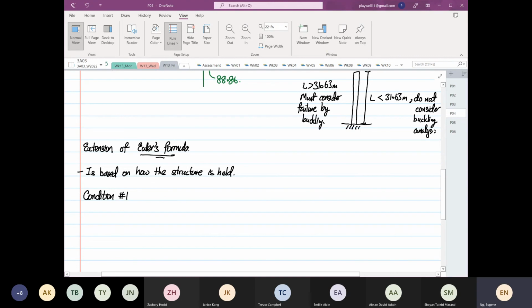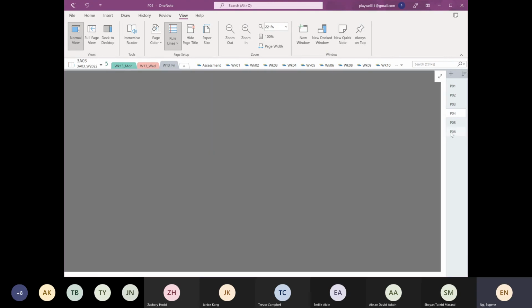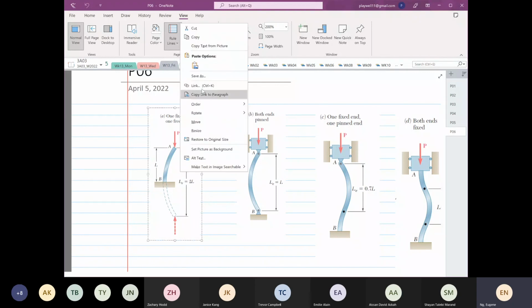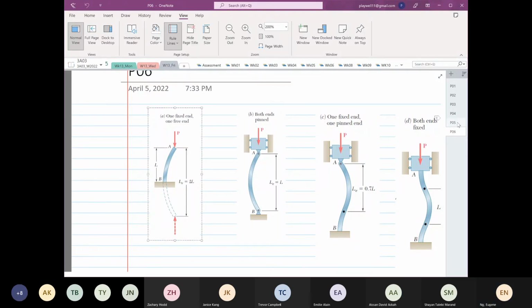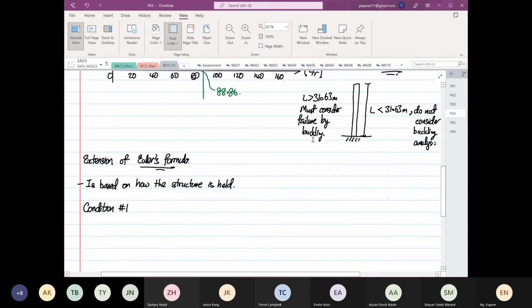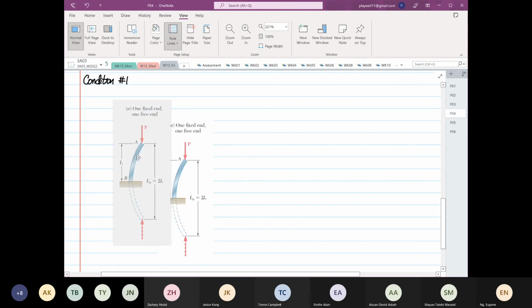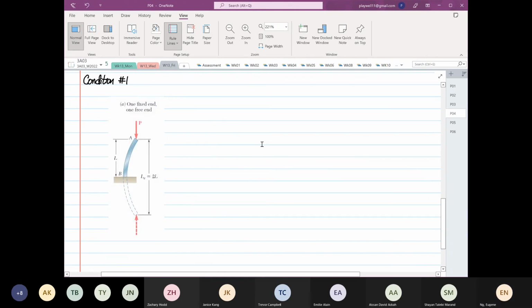I have pictures of this, which I have not posted, my bad. Condition number one: what you see is one end is fixed.